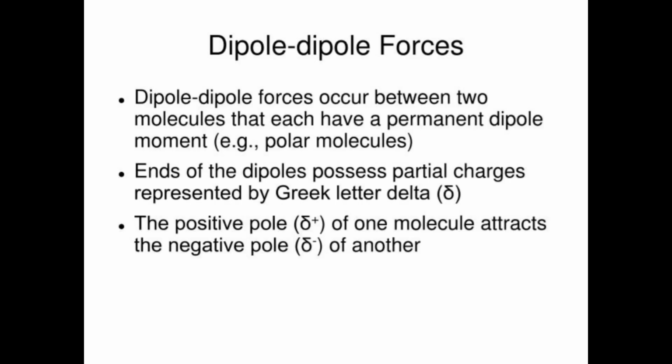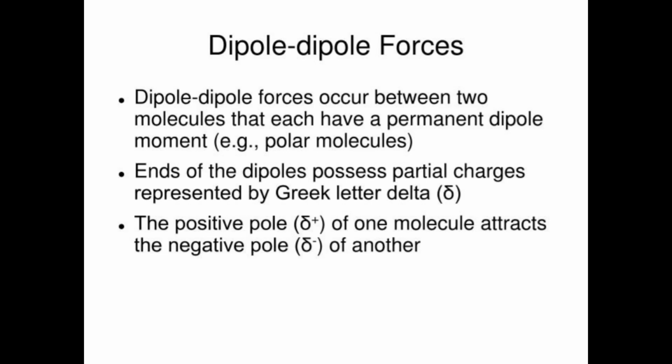Okay, let's quickly look at the dipole force. For the dipole forces, they occur between molecules that each have a permanent dipole moment. That means they occur in polar molecules, simply put. And we have looked at what a polar molecule is and their properties.